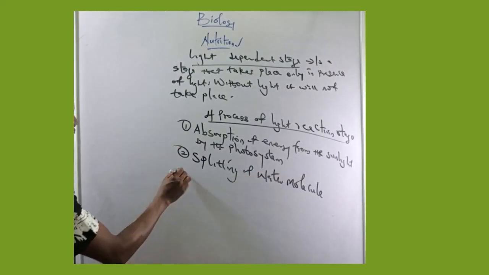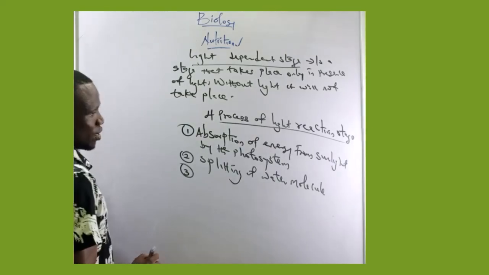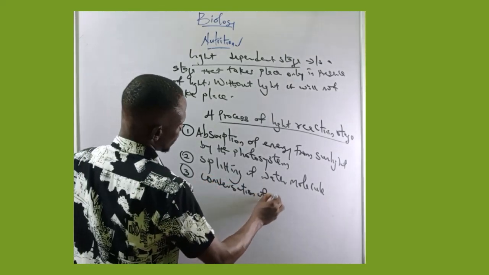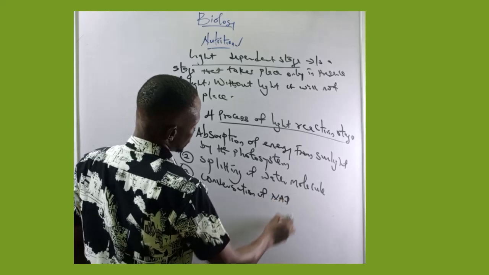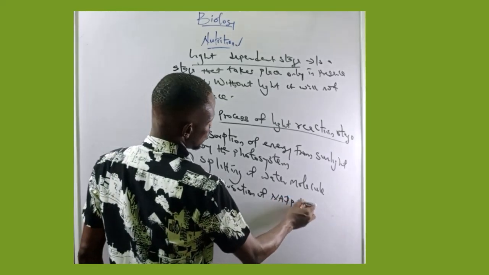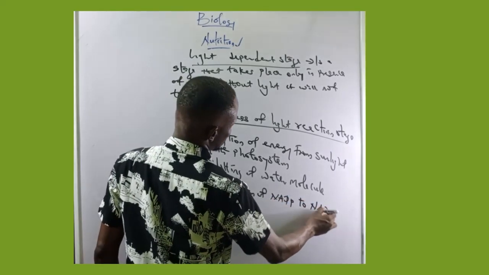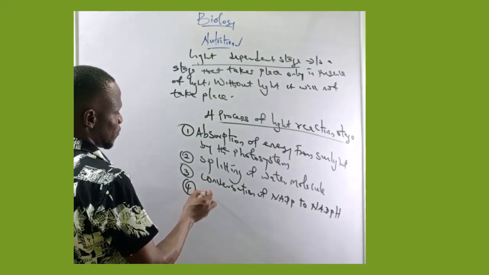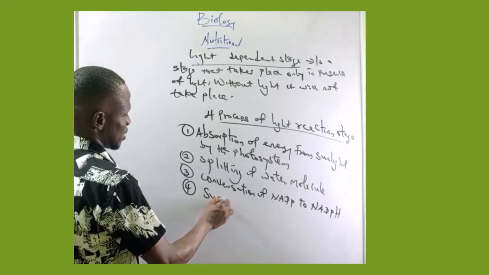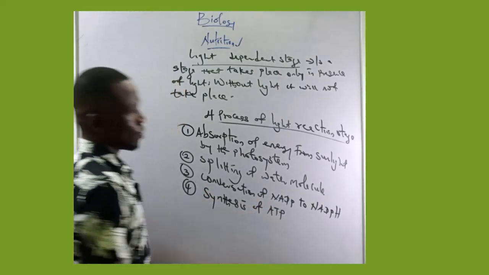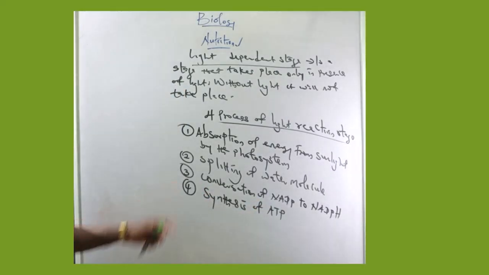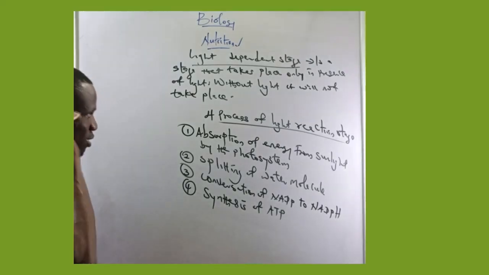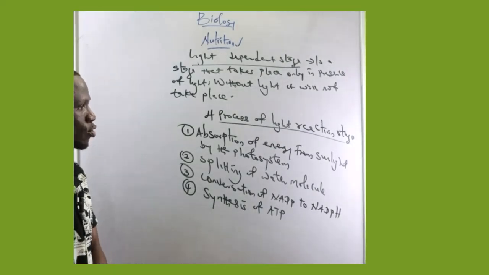Number three is conversion of NADP to NADPH. Number four is formation or synthesis of ATP. These are the four processes that take place in the light reaction stage.